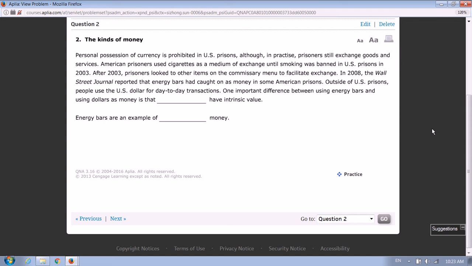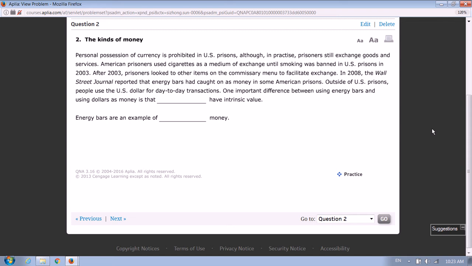In 2008, the Wall Street Journal reported that energy bars had caught on as money in some American prisons. Outside of U.S. prisons, people use the U.S. dollar for day-to-day transactions.